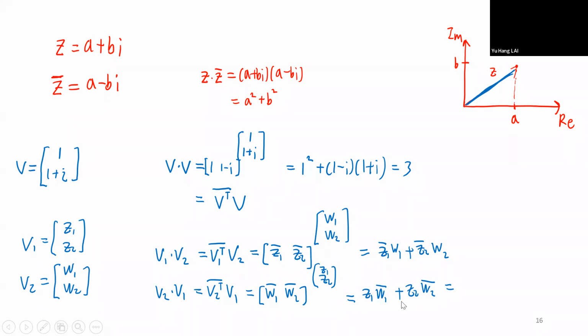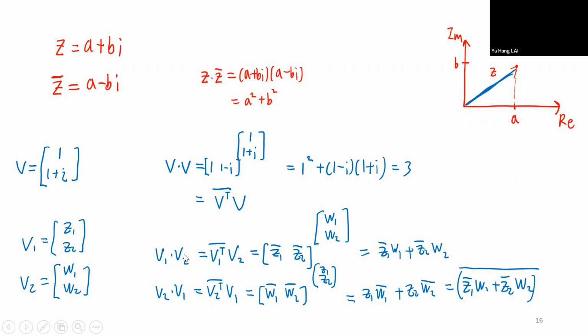However, this one can be written as Z1 bar W1 plus Z2 bar W2, and the whole thing conjugated. So although they might not be equal, they are always related by a complex conjugate.